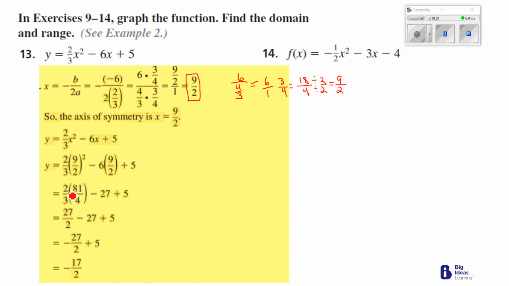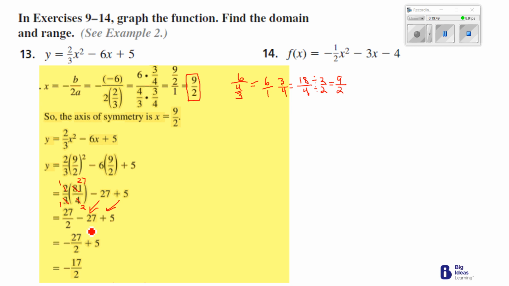Well, see, if I look at these, I can cross it out, right? And that's going to give me a 1 and a 2. And then if I look at these, I can cross them out. 3 divided by 3 is 1. 81 divided by 3 is 27. And now I've got 27 over 2, and that's where they got this right here. They brought down everything else.